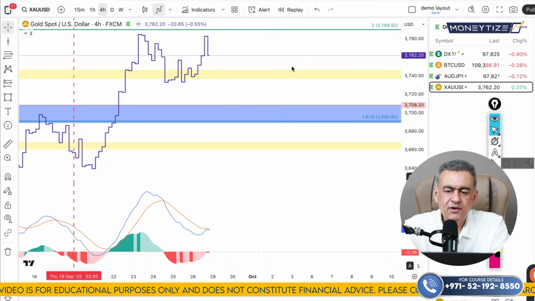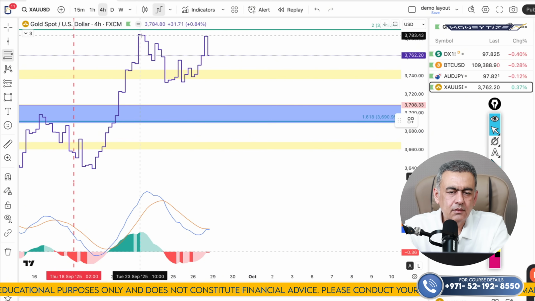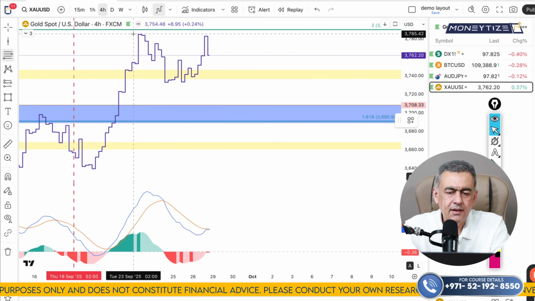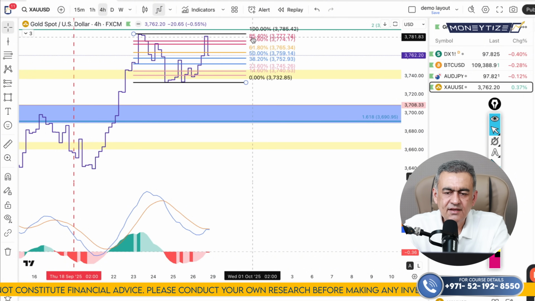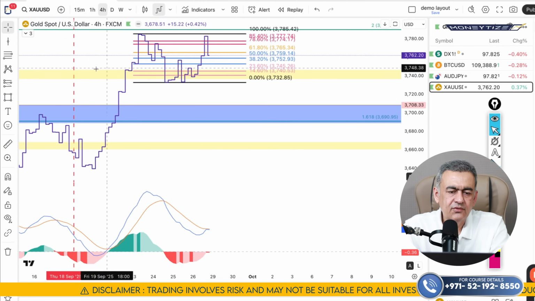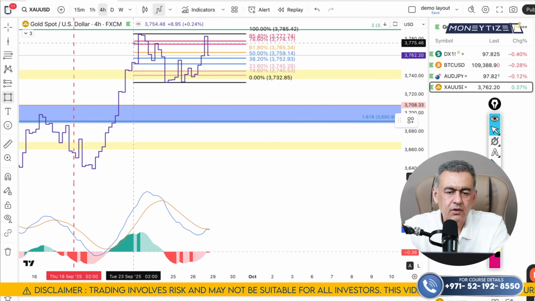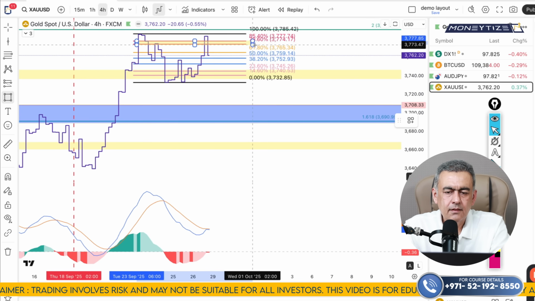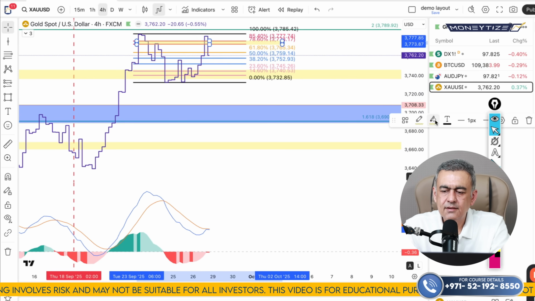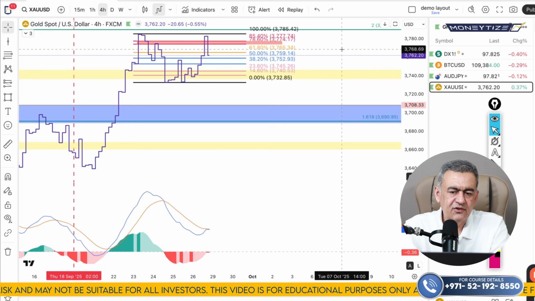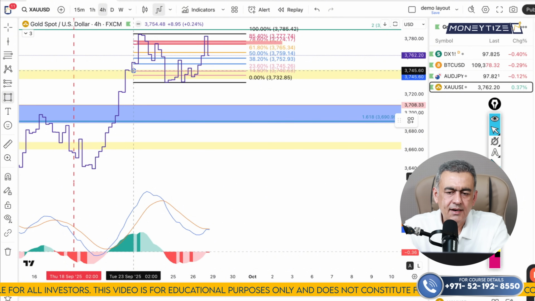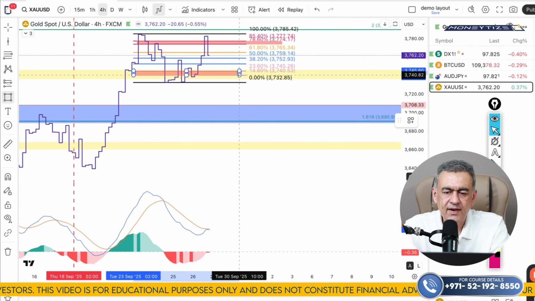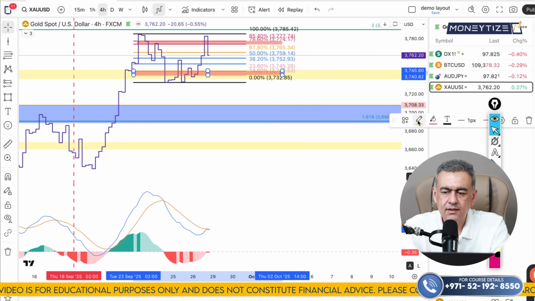So now I'll be using a reverse Fib only on the latest 4-hourly leg down. So 3777 to 3774 is now acting as strong resistance. This is the strongest resistance point, and I can see reinforcement of support at 3745 to 3740.